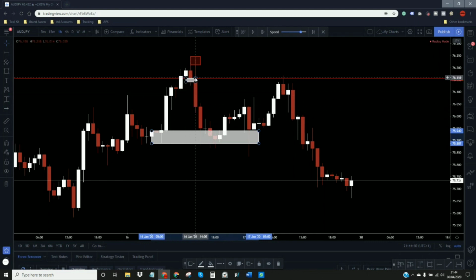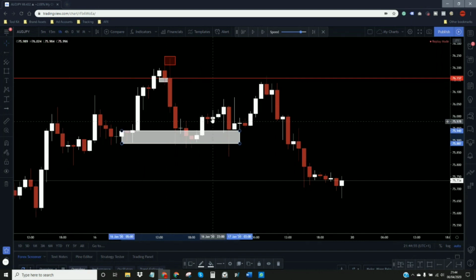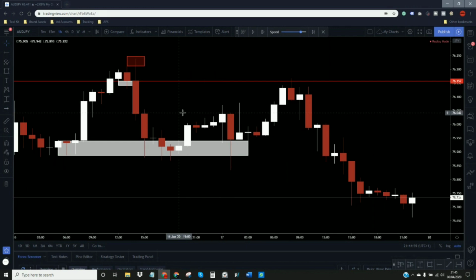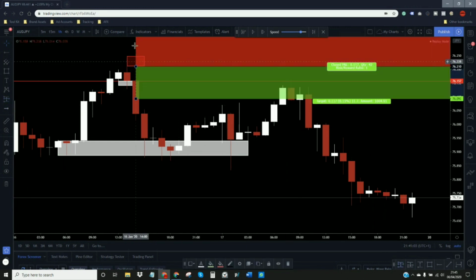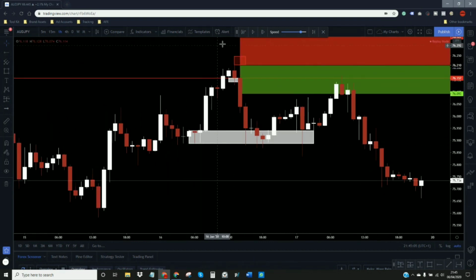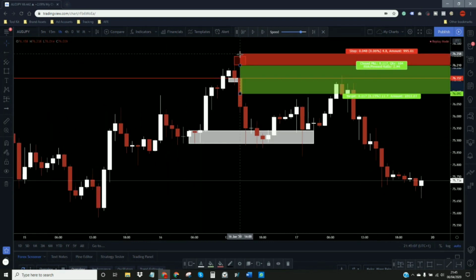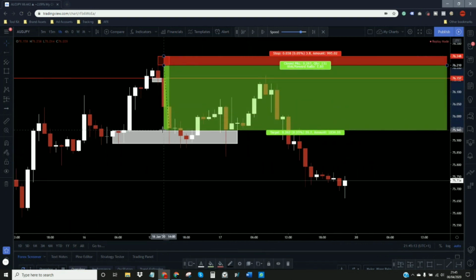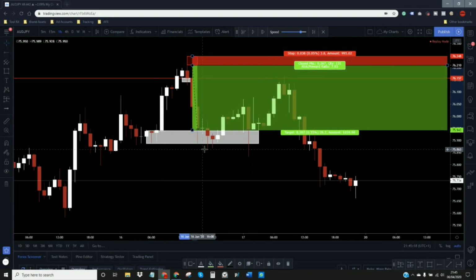But this move down now, which is actually a fairly decent move, okay? What we could potentially do is this. So we have one move that has already given us a 38 pip stop with a 267 pip profit.